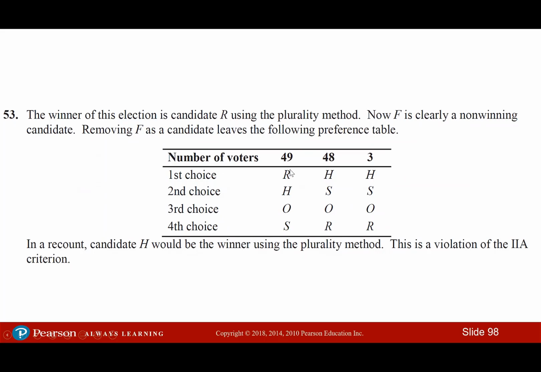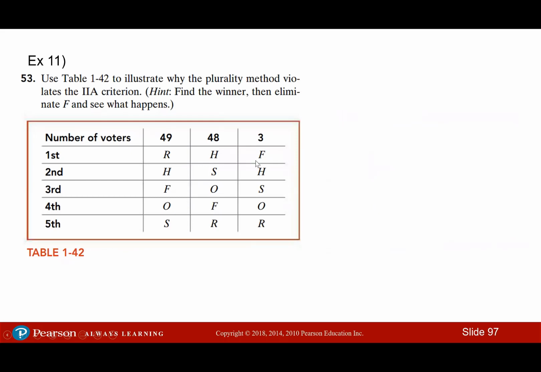And so what happened was, if you get rid of F, and real quick here, that was the Fiesta Bowl, is that right? Fiesta Bowl. Notice what happens here. F is eliminated, so the O and the S bump up. F is eliminated here, so the R, the Rose Bowl, bumps up. And F is eliminated here, so all of these go up. So notice H is going to go into this little 3 spot right here.